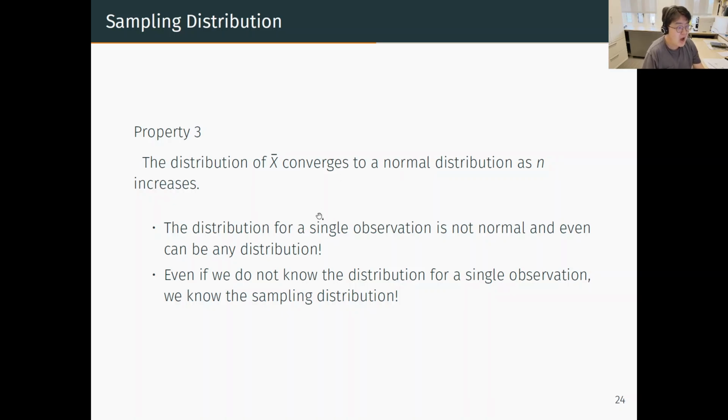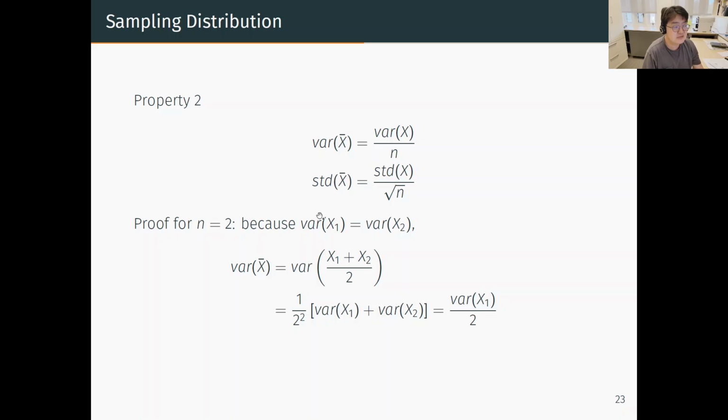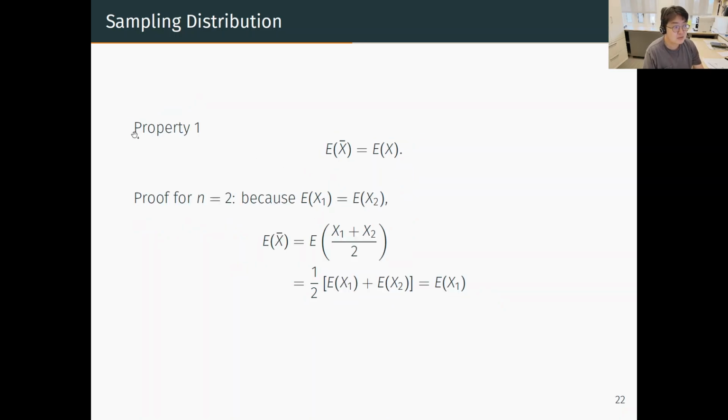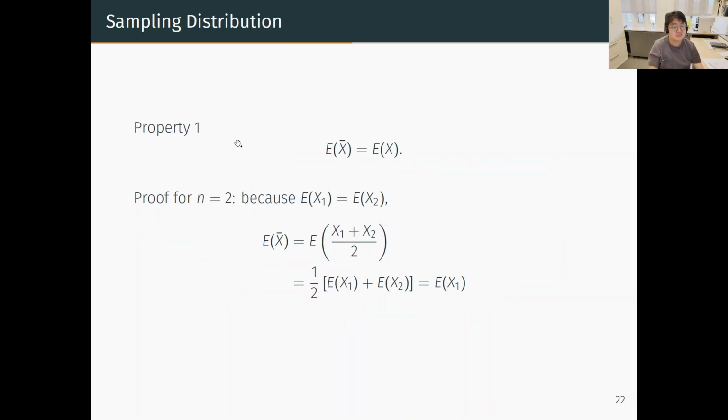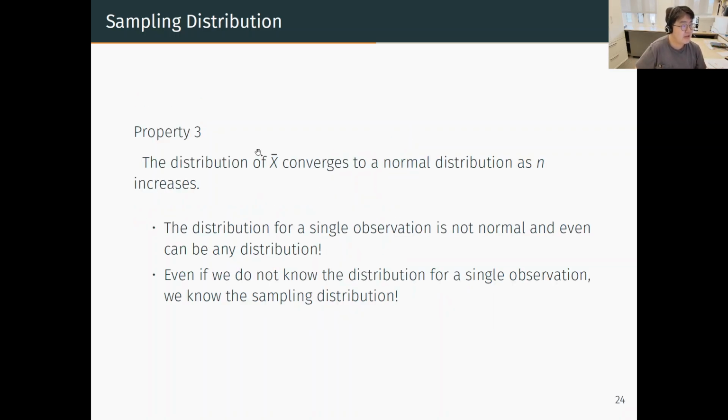And how can we find the mean and variance? Using these two properties. We only need mean and variance by property 3, then we know the mean and variance from property 1 and 2. That means we know everything. This is how statistics works, right?